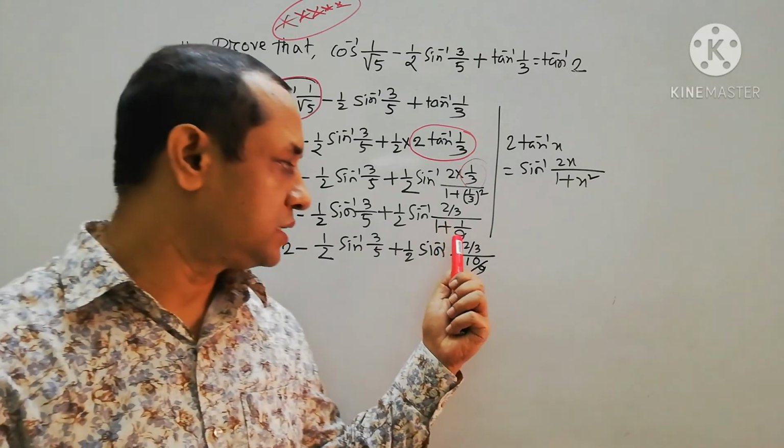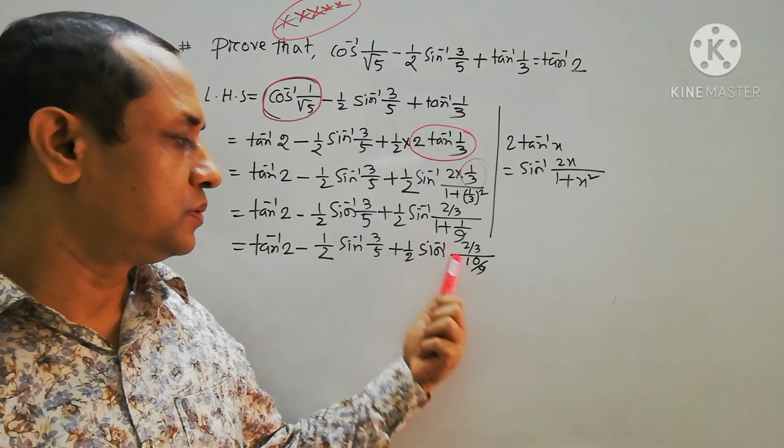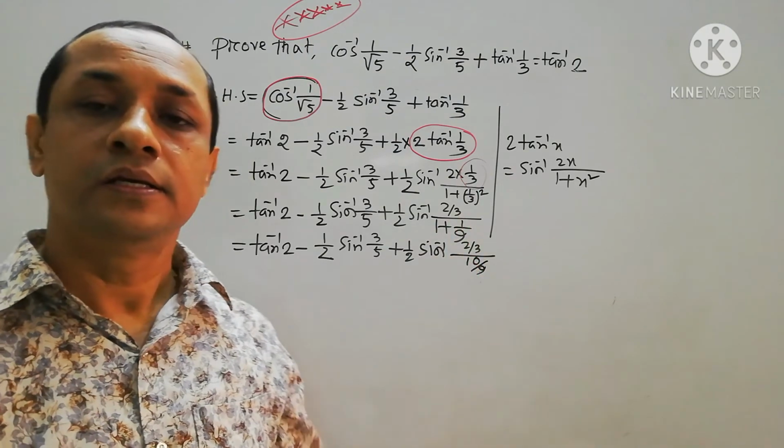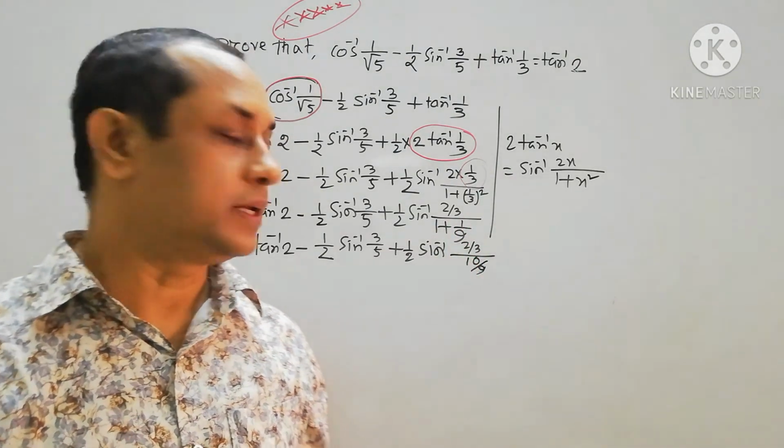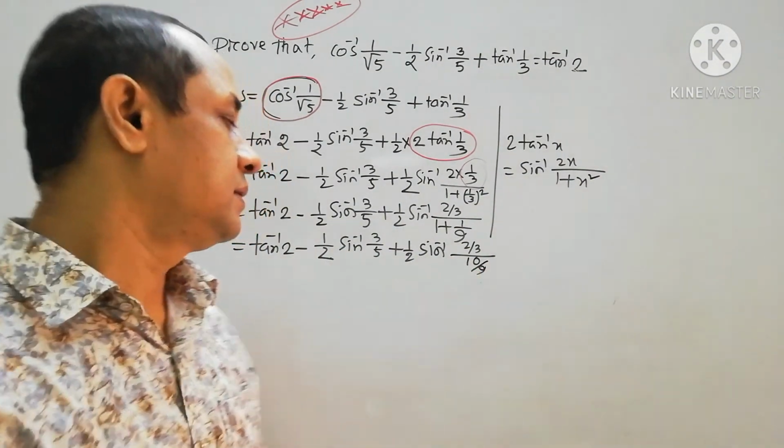Here student, attention please, 1 plus 1 by 9, LCM 9. So 9 plus 1 is 10. So denominator will be 10 by 9. Here numerator is 2 by 3 and denominator will be 10 by 9.